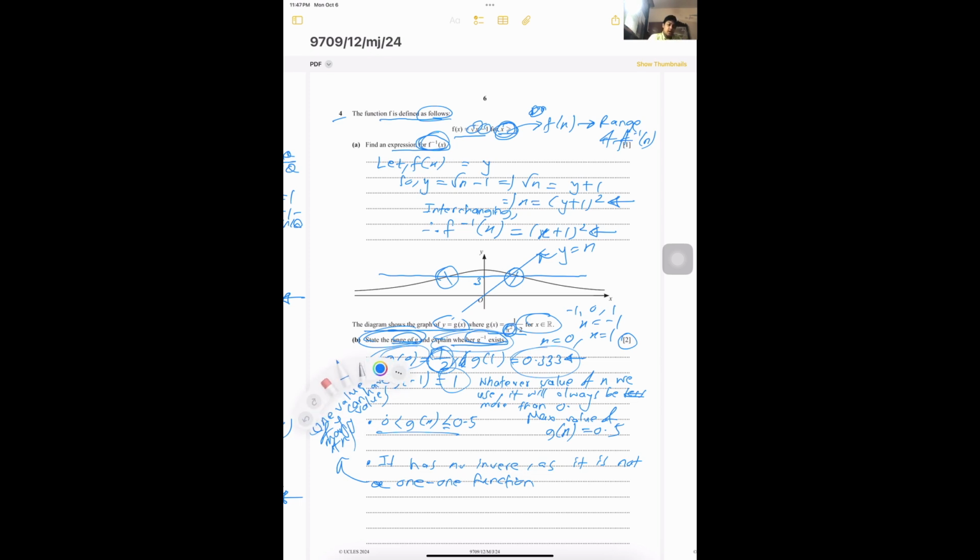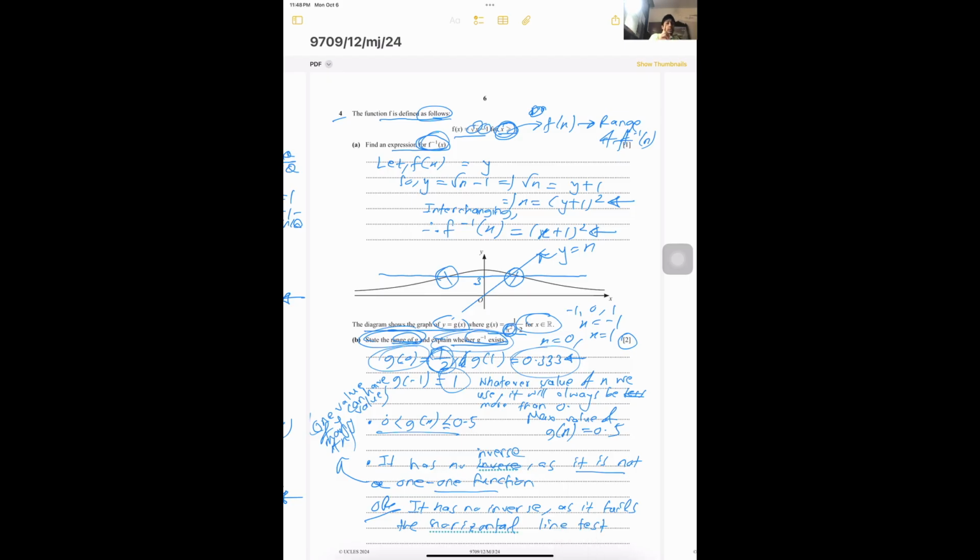It has no inverse. Spelling of inverse is wrong as well. As it is not a one-one function. Or we can write it has no inverse, as it fails the horizontal line test.